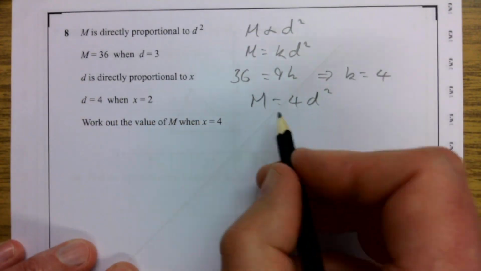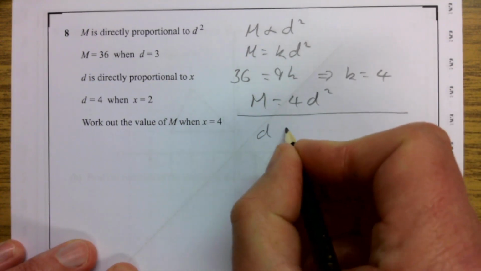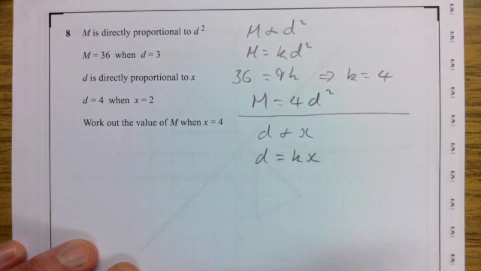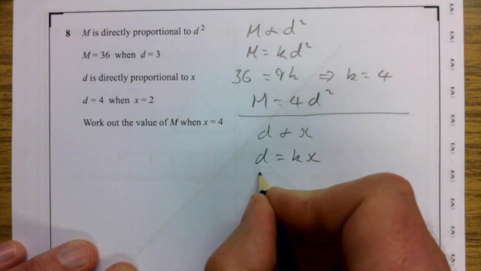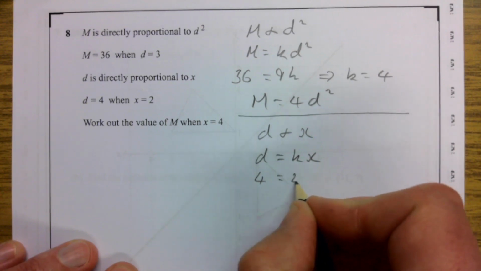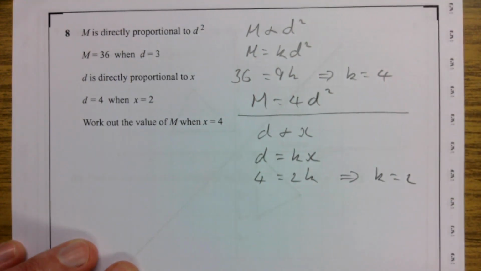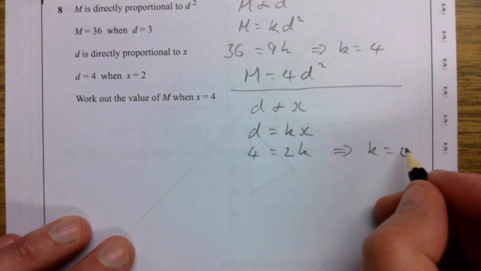For this one here, D is directly proportional to X, so D is proportional to X. D equals kX. When D is 4, X is 2. 4 equals 2k. In this scenario, we have k then is 2. I should maybe have picked a different letter than k there, maybe c or something like that, but that's okay.